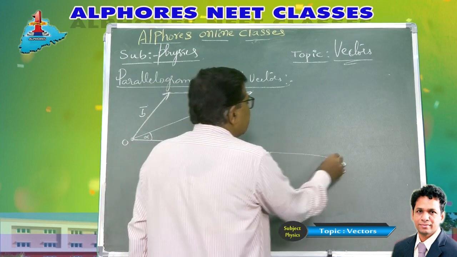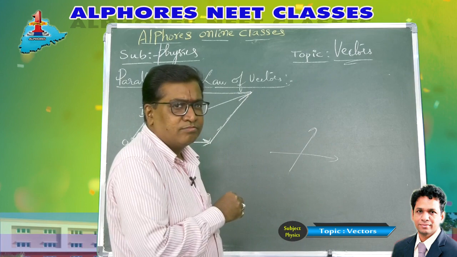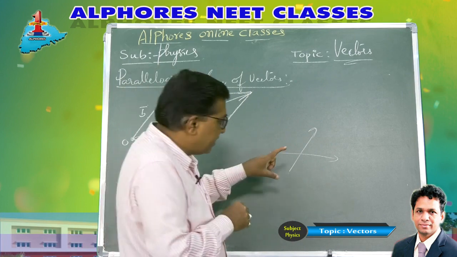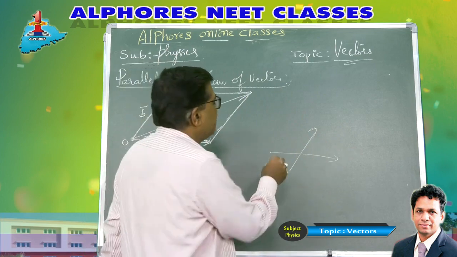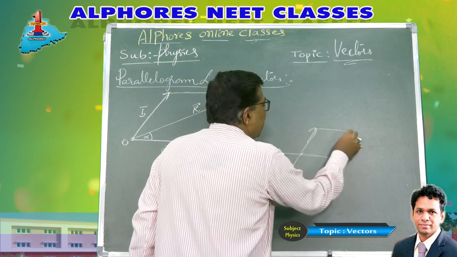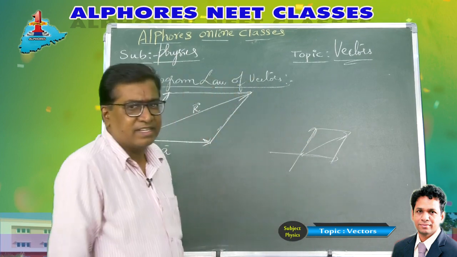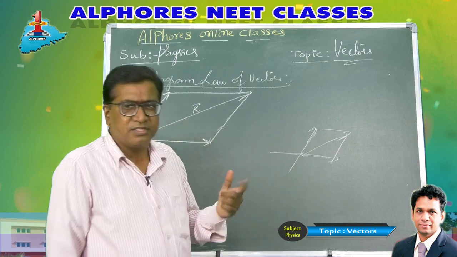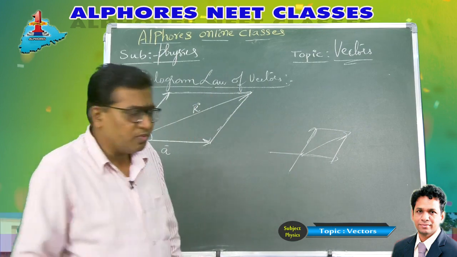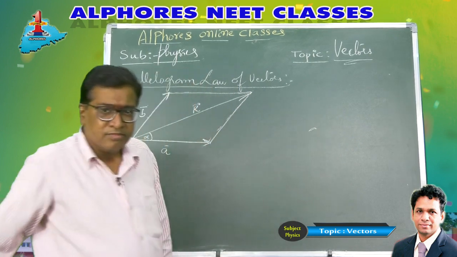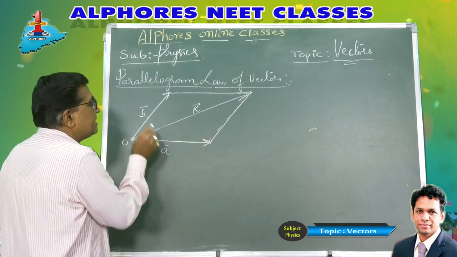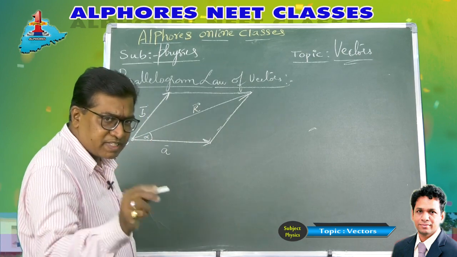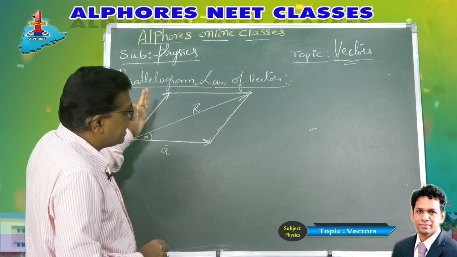Two vectors intersecting like this, you cannot find the resultant. Again you have to displace them, make them co-initial, then find the resultant. Suppose two vectors are intersecting this way, you cannot draw a parallelogram like this and find the resultant like this. How about the remaining part? So that is not possible. So two vectors must be co-initial, and they must belong to the same physical quantity. Two co-initial similar vectors are represented as two adjacent sides of a parallelogram.